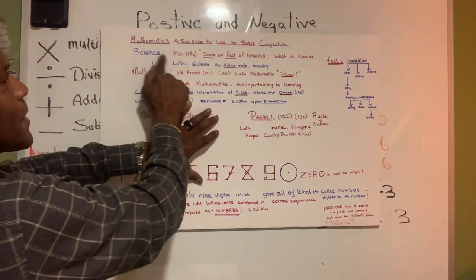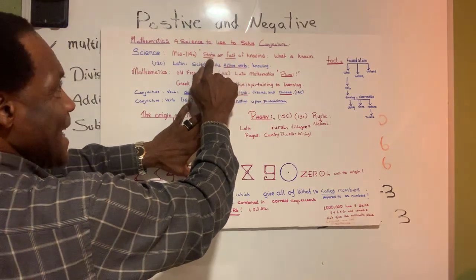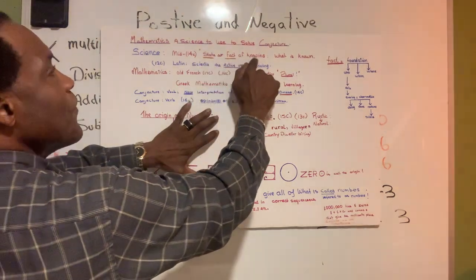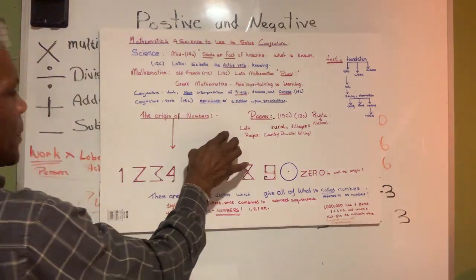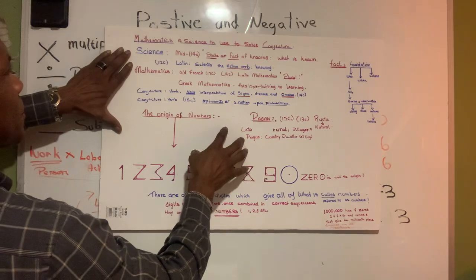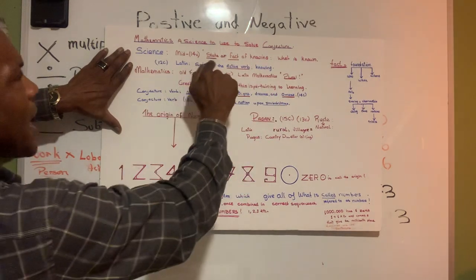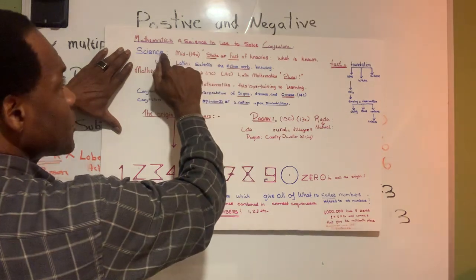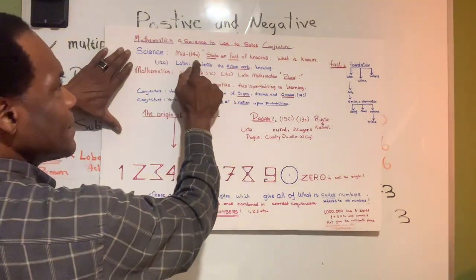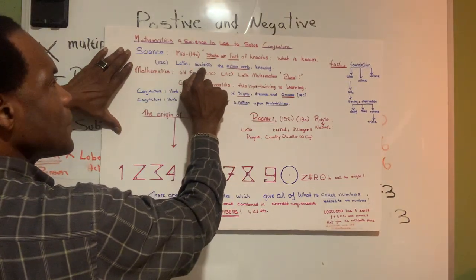But science is defined as the state or fact of knowing. So the word science really has a Greek connotation when it comes to mathematics. So science is actually a synonym for the Latin word that comes from the word scientific.